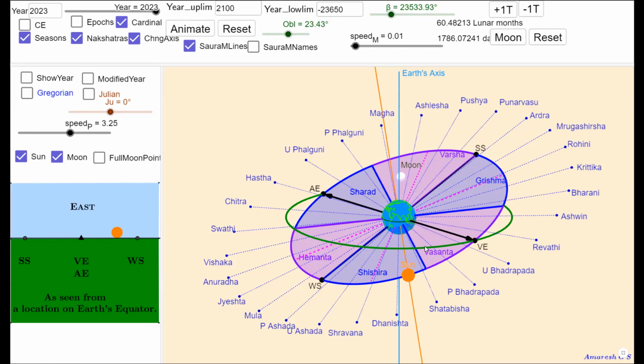The second aspect is to ensure that the lunar months we use as convention coincide with a specific season. And remember, seasons are purely determined by the position of the sun. We can effectively make use of the lunar months to explain, to assign, to suggest, to hint at a specific season. And in order to do that, we also need to synchronize our calendars.